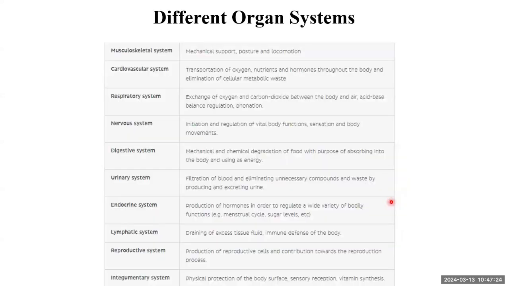So this was about organ systems. These are the different organ systems we are going to talk about in the upcoming lectures one by one. First is the musculoskeletal system, then the cardiovascular system, respiratory system, nervous system, digestive system, urinary system, endocrine system, lymphatic system, reproductive system, and integumentary system.